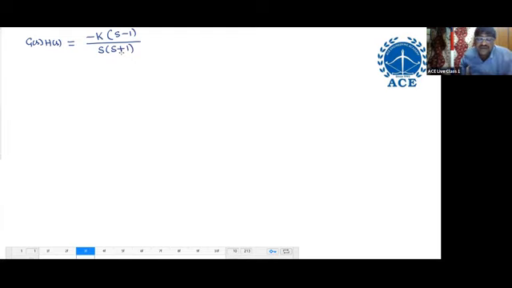Now draw the diagram of the inverse root locus. Represent the poles and zeros in the S plane.